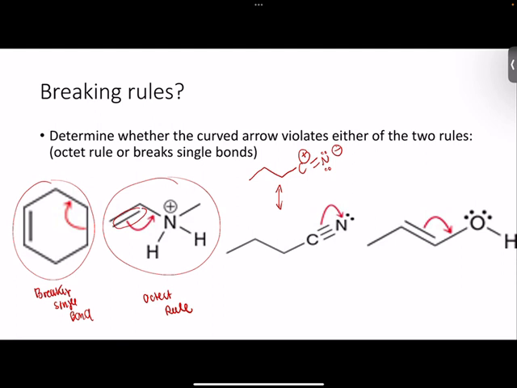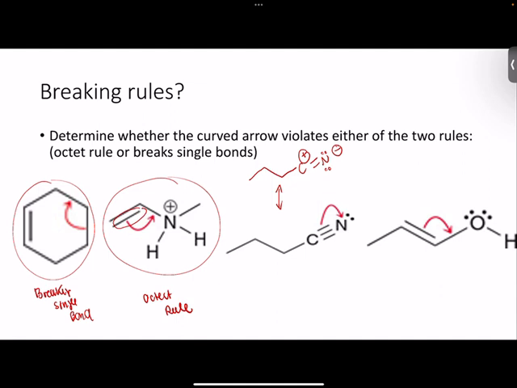We have a triple bond. We're breaking it to put another lone pair on that atom. Then that's it. Then that carbon is gonna hold a positive charge and the nitrogen is gonna have a negative charge.